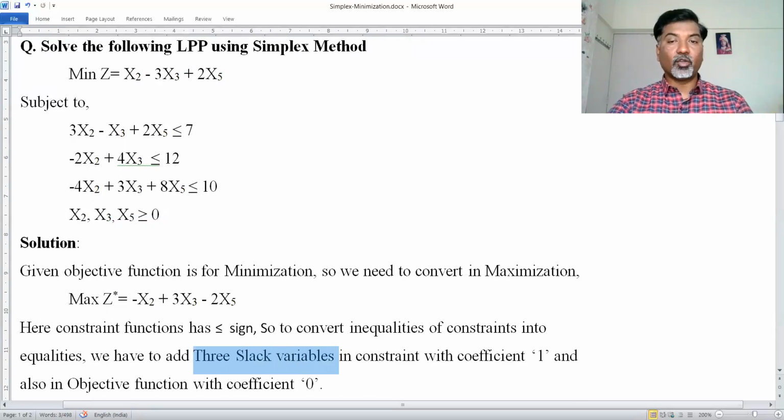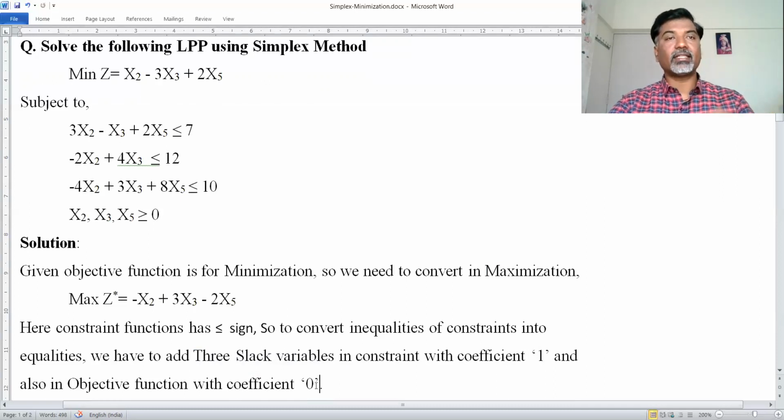We have to add the slack variables in the constraints as well as in the objective function. When you are adding a slack variable in the constraints, the coefficient of that slack variable is equal to 1.